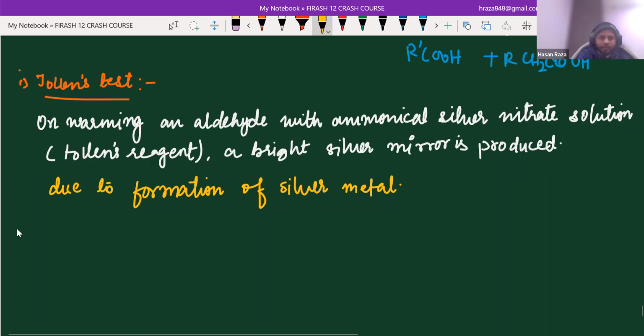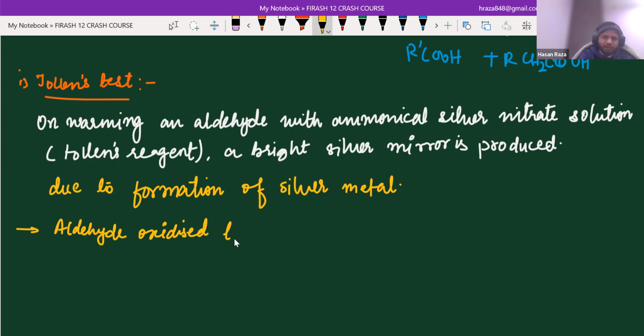And here the aldehyde is oxidized to the corresponding carboxylate anion.